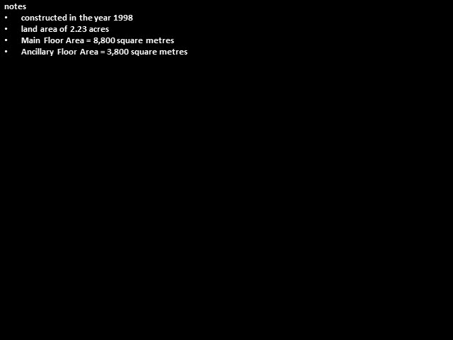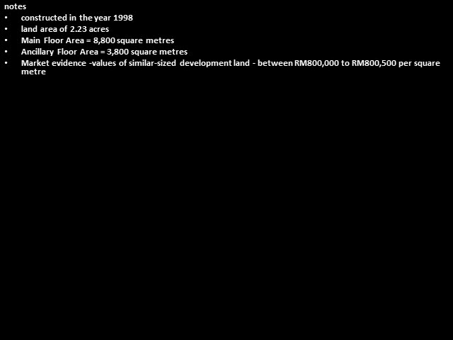So these are the notes, the highlighted information. It was constructed in year 1998. The land is 2.323 acres. The MFA is 8,800. The AFA is 3,800. And the market value of the surrounding land is between 800,000 to 800,500, and this one is per acre.